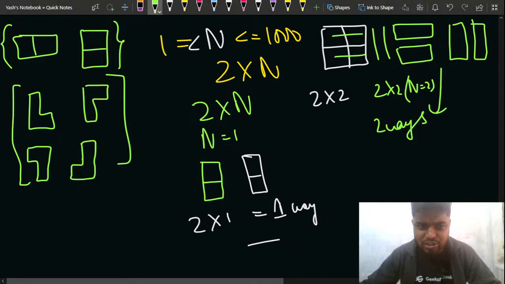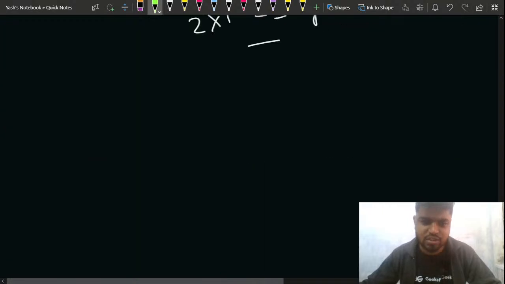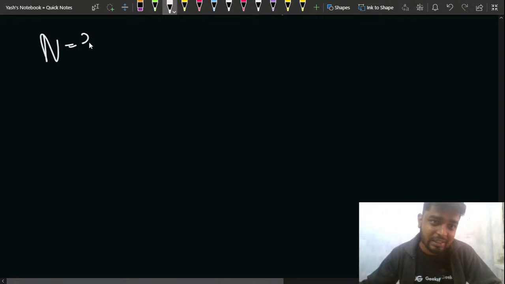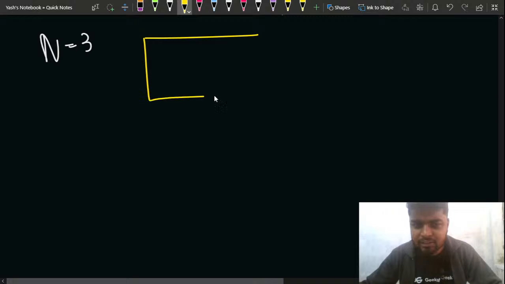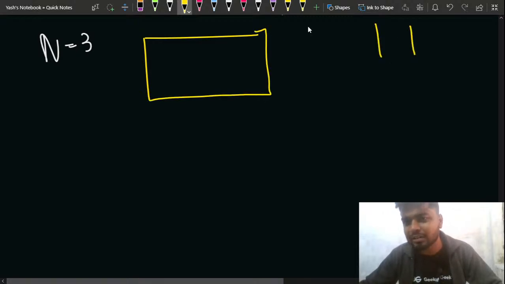Now the question comes, what can be the other situations for us, right? Other things can also be possible. When the n value increases, then the tromino also comes into effect, right? Let's say this is the domino, for the sake of simplicity, and let's say this is the tromino.